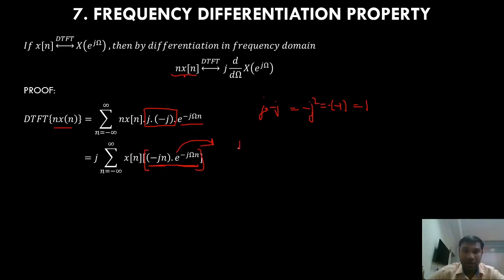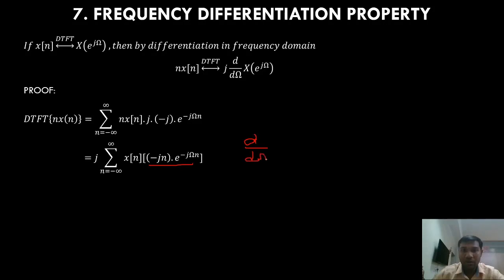It is d by d omega of e power minus j omega n. What is the differentiation of e power minus j omega n? It is e power minus j omega n into minus j n.